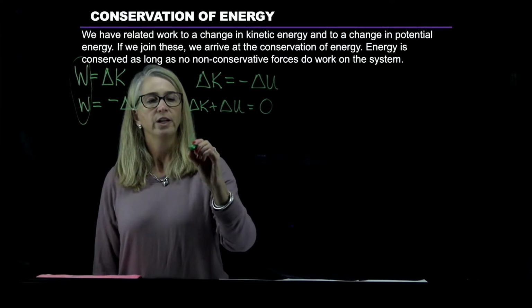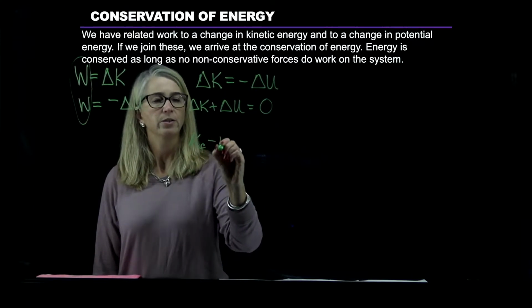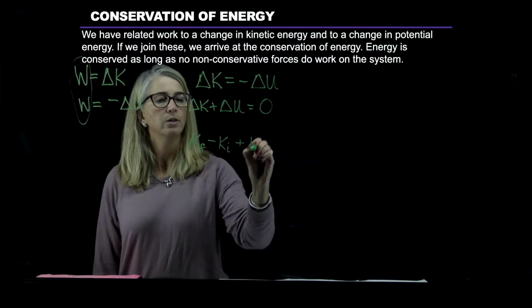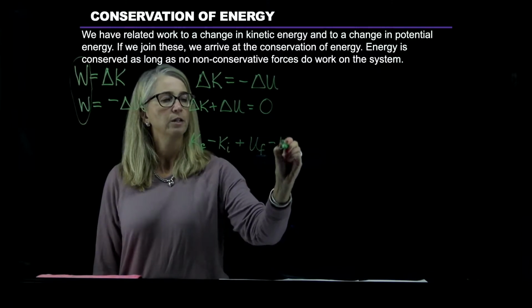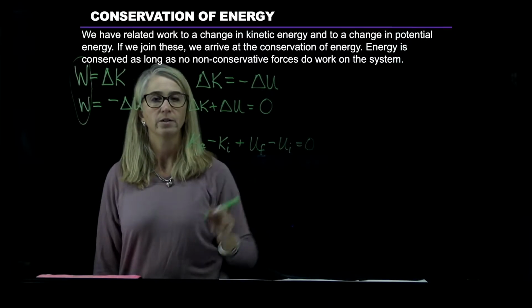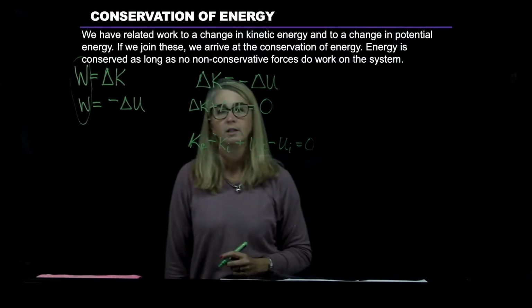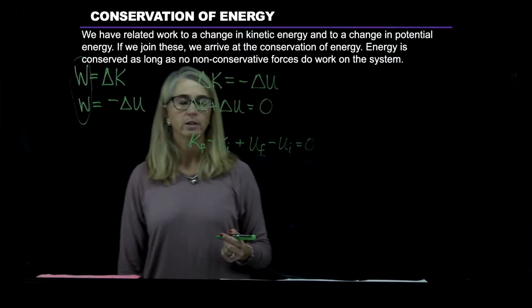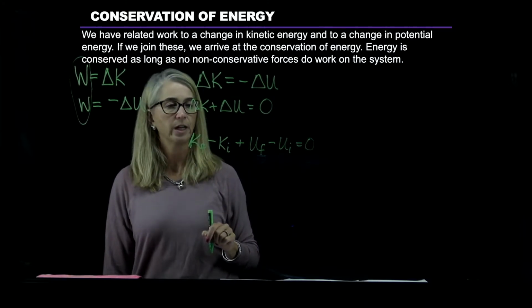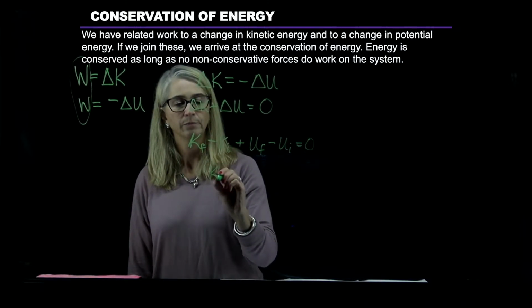So the change in kinetic energy is final minus initial. Likewise, change in potential energy is final minus initial. Now we could put initial things together and final things together.